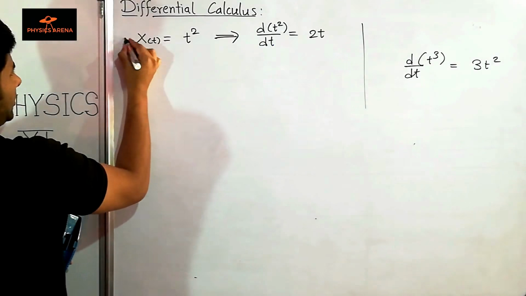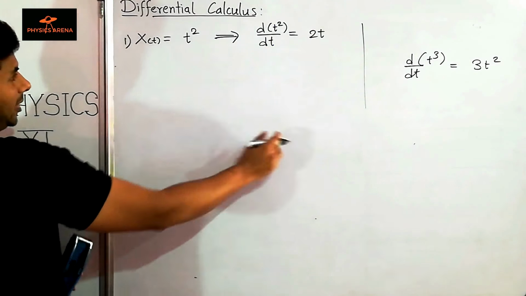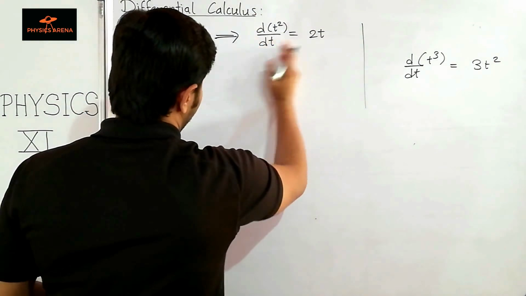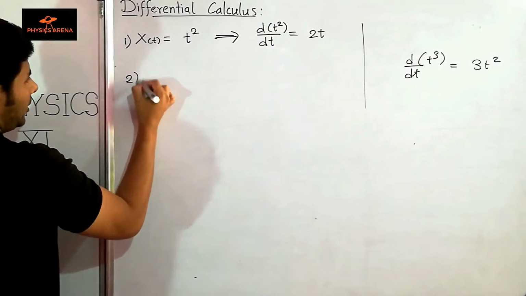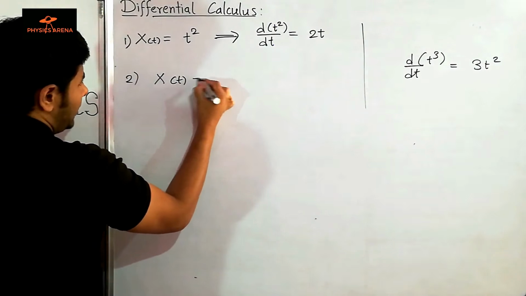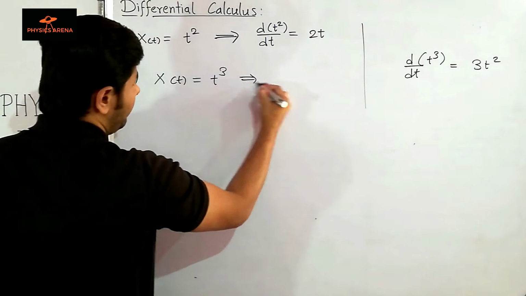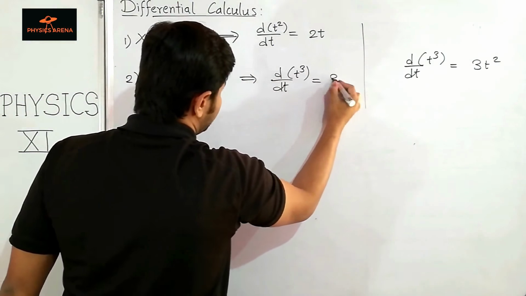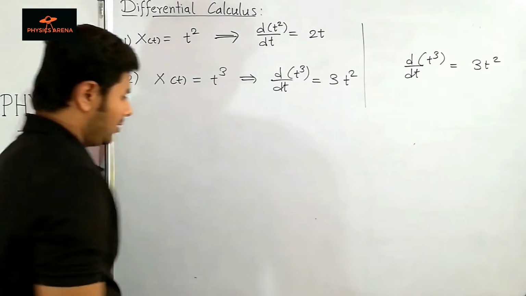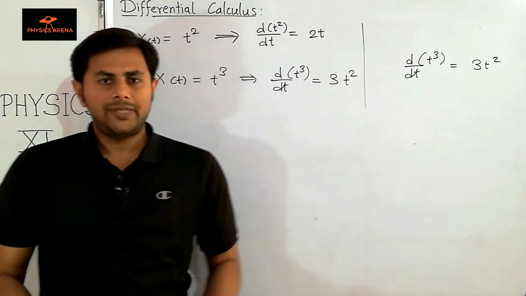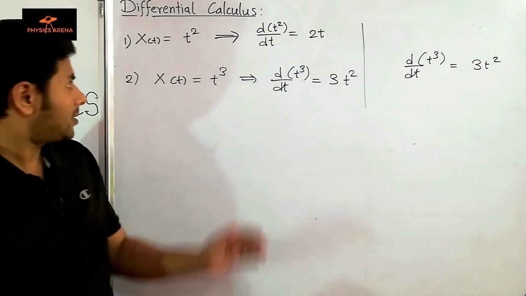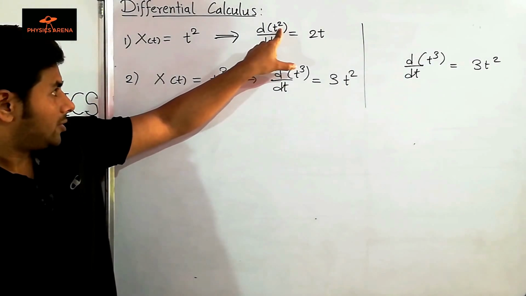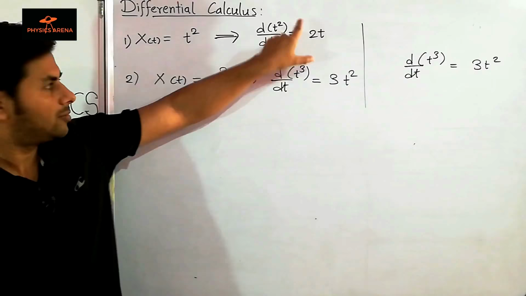So if x of t is t square, then the derivative is 2t. If x of t is t cube, then the derivative is 3t square. Now you can notice the pattern here, and the pattern is it is t raised to something.